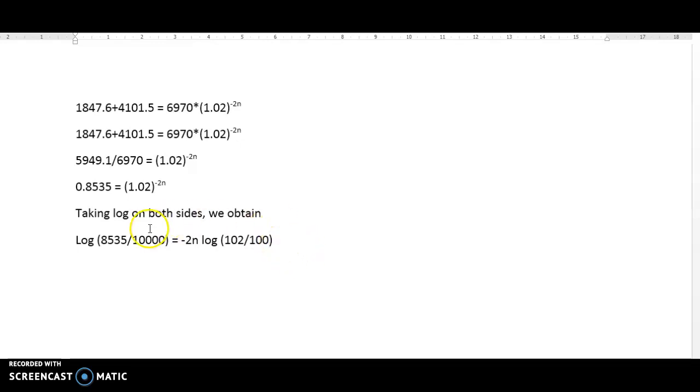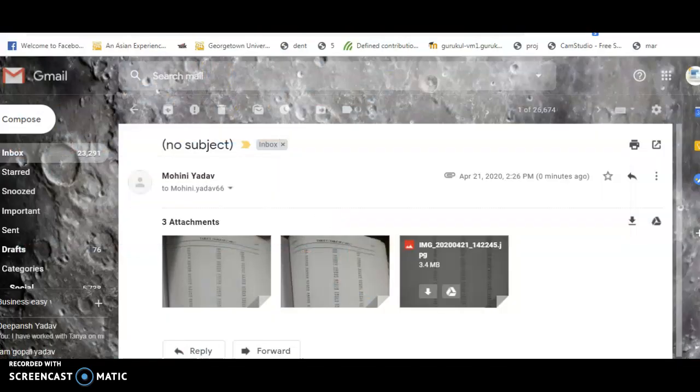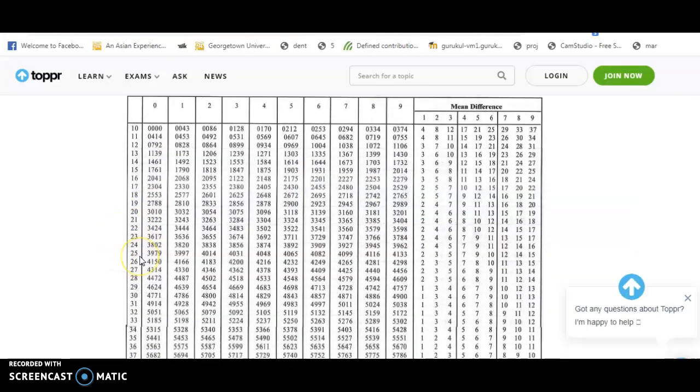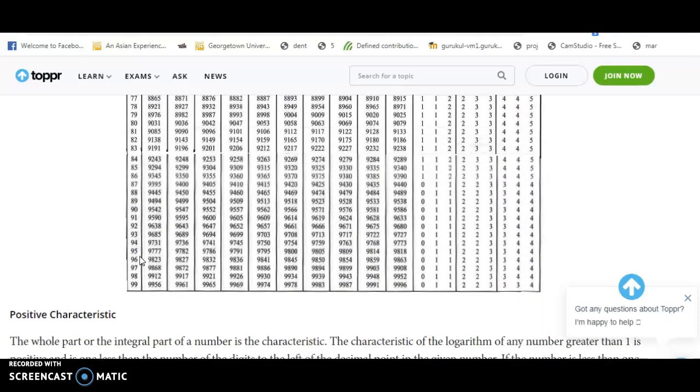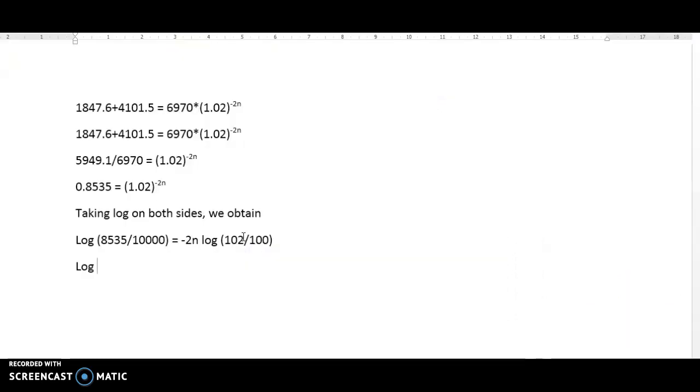I have simply removed the decimal place by dividing it. After that, you have to look for the value of 8535 in your log table. So this is your log table. Looking for 8535: row 85, column 3 gives 9309, and the mean difference for 5 is 3. So 9309 plus 3 is 9312.